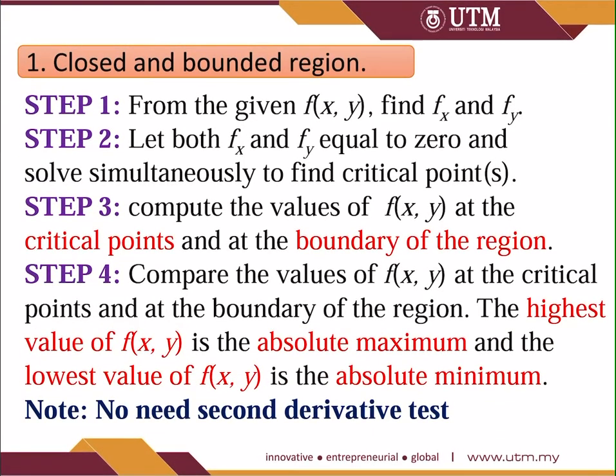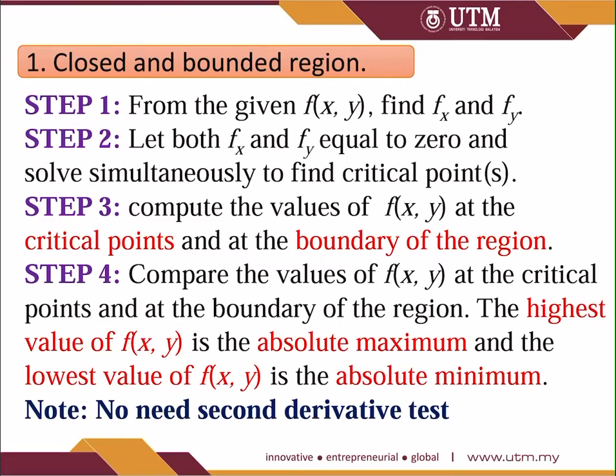So how do we solve this particular problem, where the region is closed and bounded? Let's say we are given z equal to f(x,y). Step 1, we need to find the partial derivatives fx and fy.